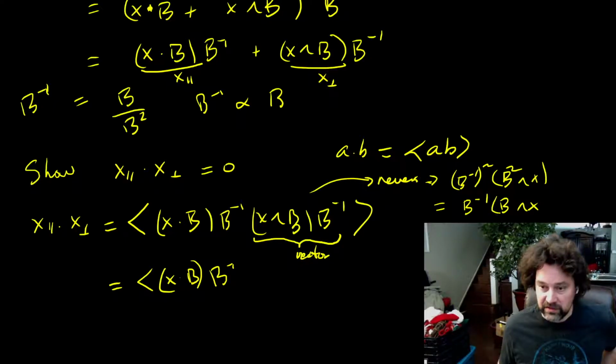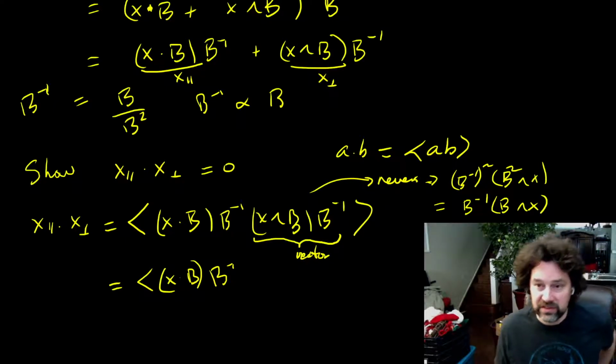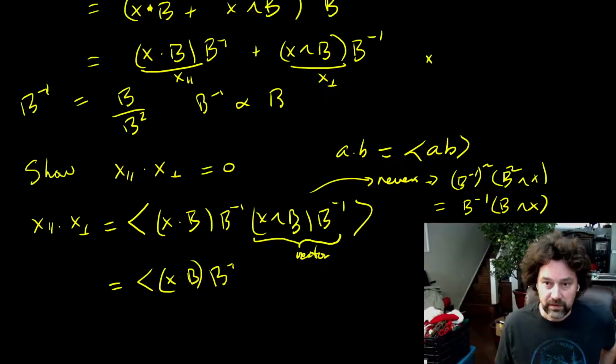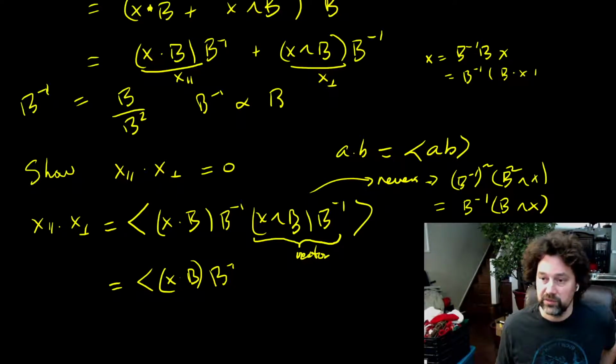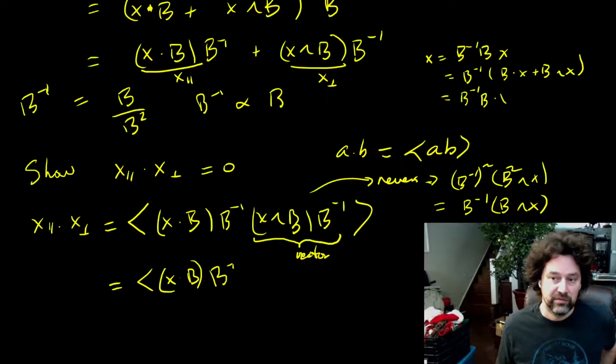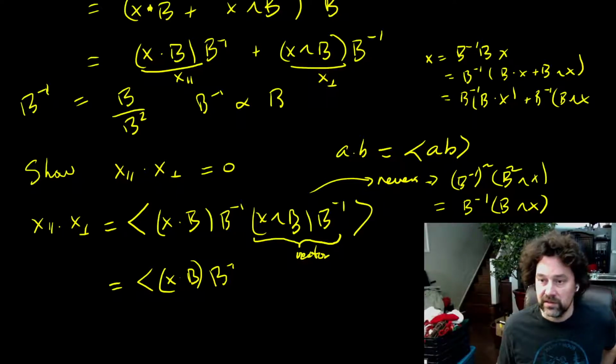And another way of seeing that is if we take x, it is going to be b inverse bx, so that's just b inverse times b dot x plus b wedge x, so it's b inverse b dot x plus b inverse b wedge x.